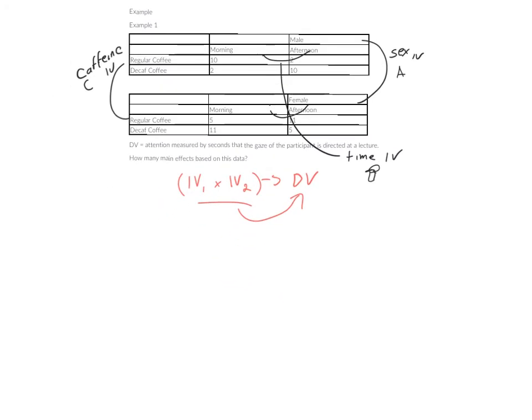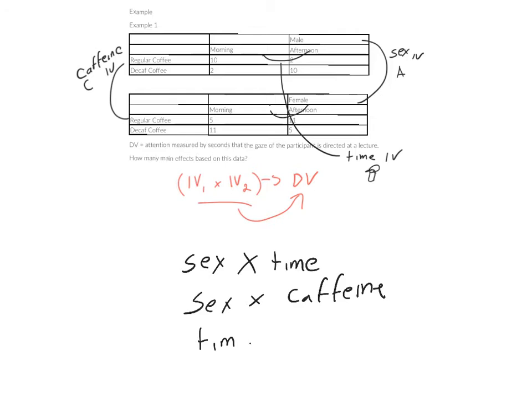And let me show you the possible combinations of two, right? So we can have sex by time, sex by caffeine, and then time by caffeine, right? These are all the possible two-way interactions, because we have two IVs.